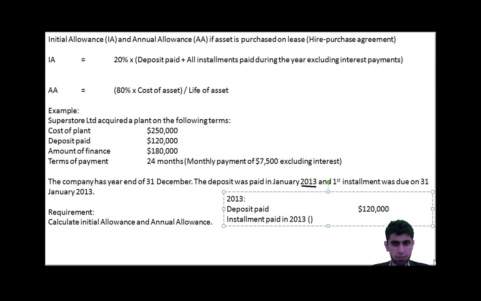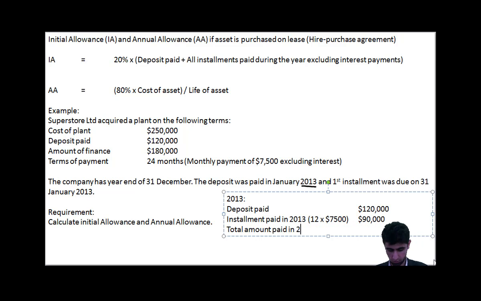If you see, the first installment was paid on 31st January 2013. So that means 12 installments of 7,500 have been paid during 2013. Agreed? So that will be equal to 12 times 7,500, 90,000. So total amount paid in 2013 is equal to 210,000.